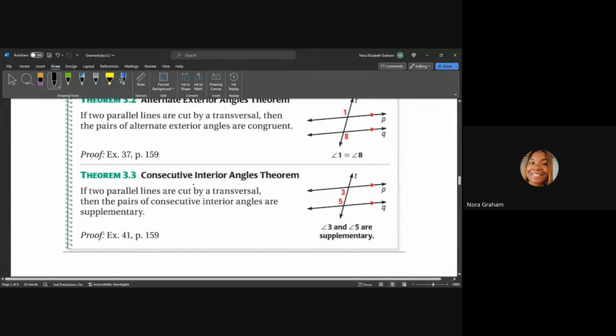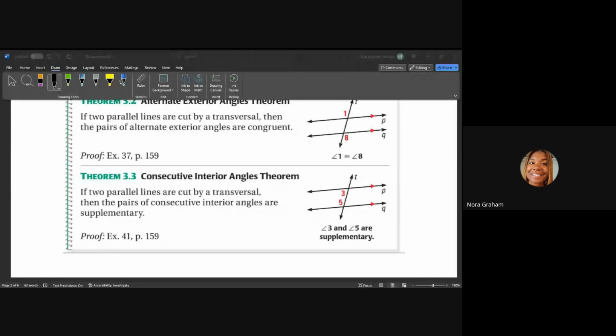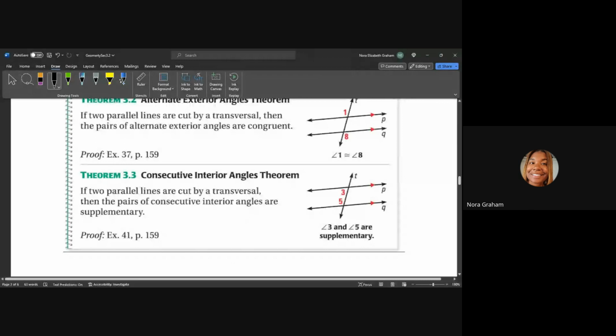And this one is a little bit different. This is the consecutive interior angles theorem. If 2 parallel lines, excuse me. Right. So this one, if 2 parallel lines are cut by a transversal, then the pairs of consecutive interior angles are supplementary. Remember, supplementary means that they add to 180.